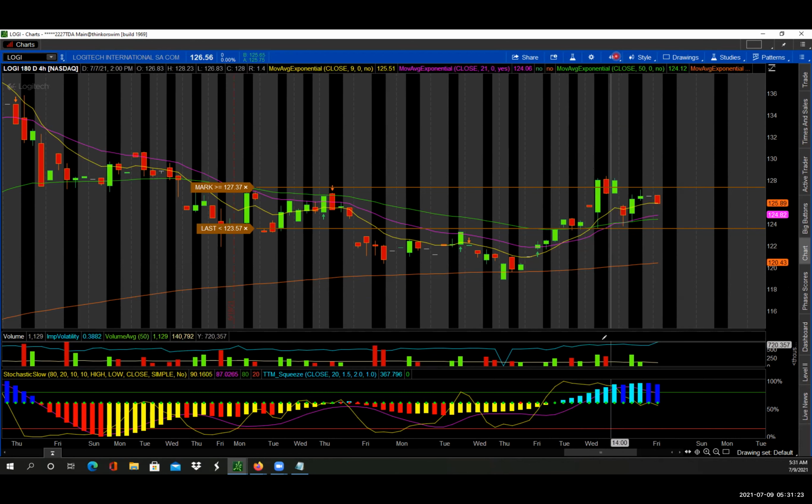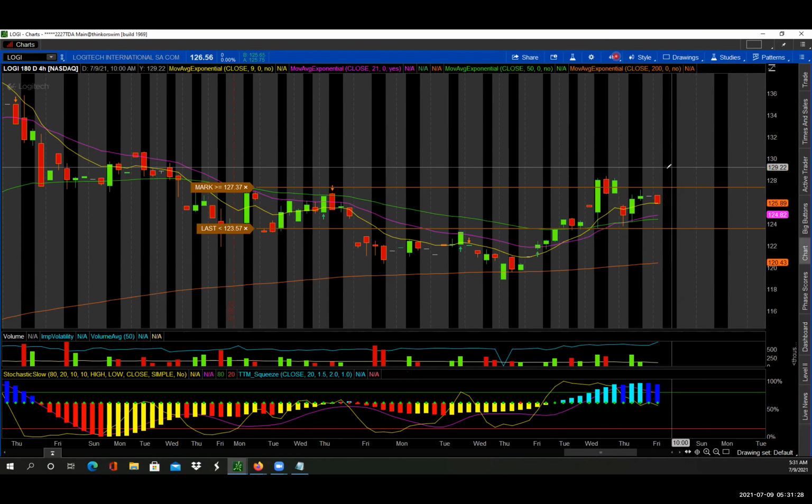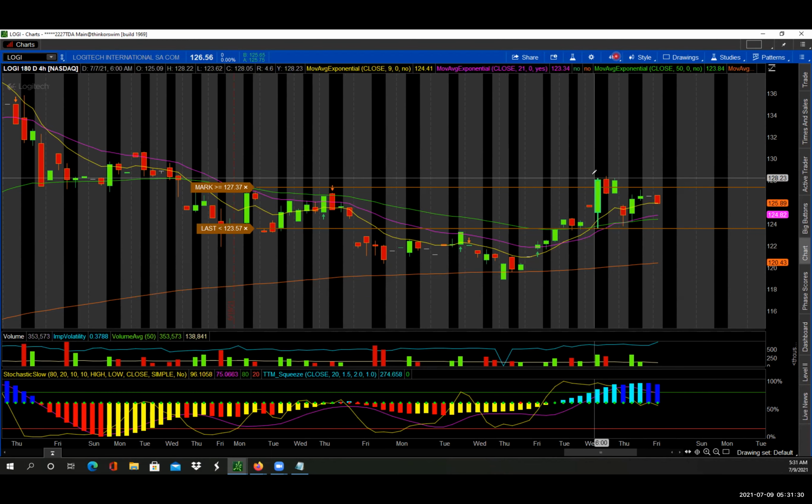If my IV is really too high, I'll just go in light, and then I'll add to my position depending on how my IV is. If my IV is like at 200 or 100, I won't really enter that swing. I might just look at it as a day trade, and I'll go from there.